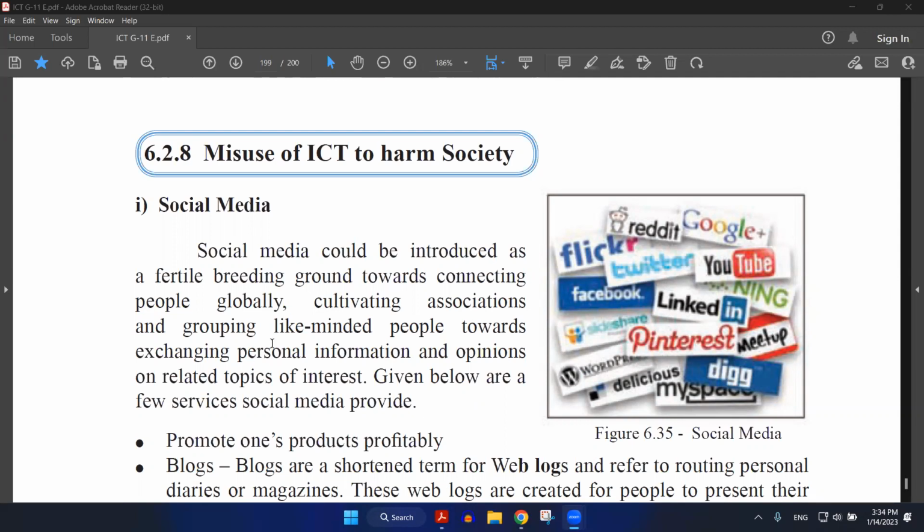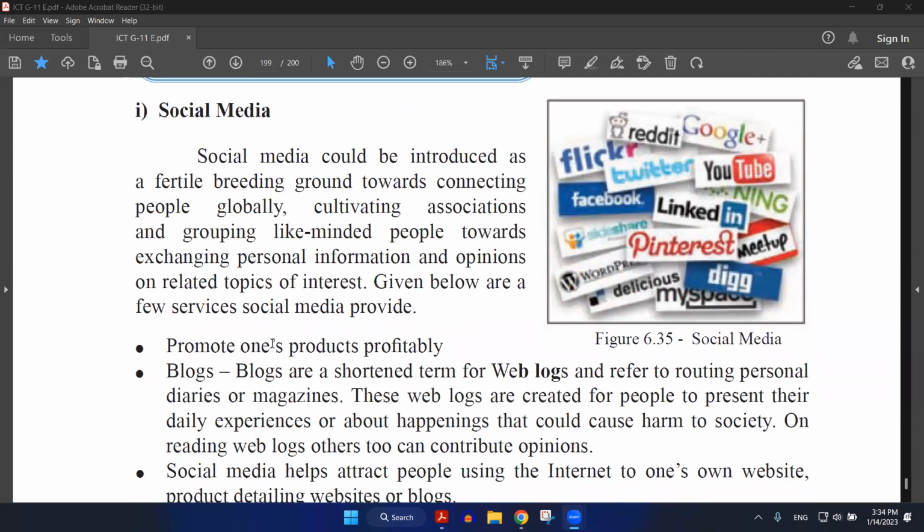There are many different social media in the world so far. Facebook started it, and then it spread all over, like Twitter, YouTube, even Google Plus, LinkedIn, Pinterest. There are many different things now, and they are introducing different kinds of services to the world as well.